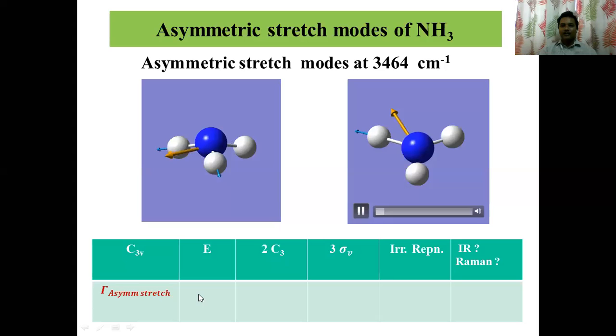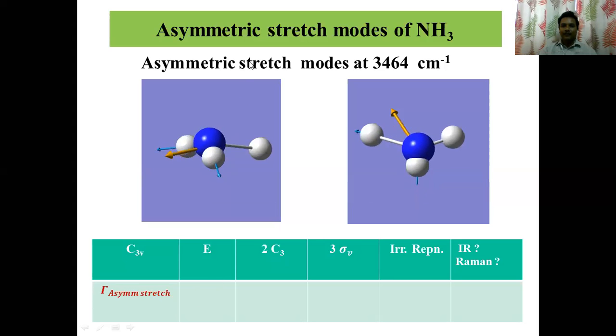Now for the asymmetric stretch, what are going to be the characters if you look at them simultaneously? Let's write this. As both of them transform like this, I have to go simultaneously. So that is going to be something like 1 plus 1, so that is going to be 2, right?